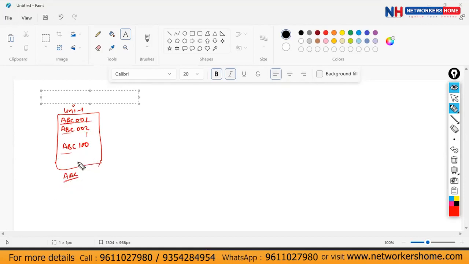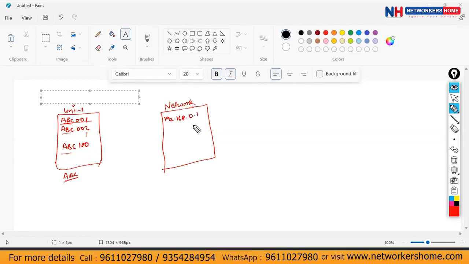Similarly, in your network, instead of a university, and instead of an enrollment number, we have the IP address. Let's say we have the IP address 192.168.0.1.